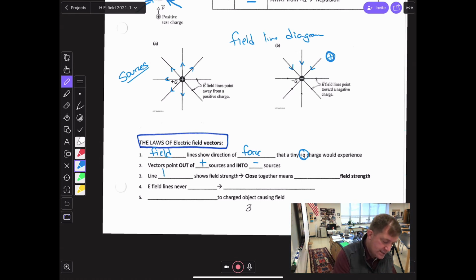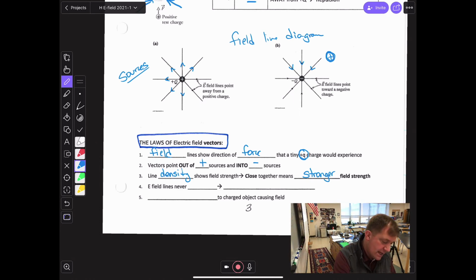The line density, so when you're drawing these lines, think of this now as a drawing. The density or the closeness of the lines shows the relative strength. So the closer the lines are together, the stronger the field strength. So these E field lines are shown evenly spaced out.